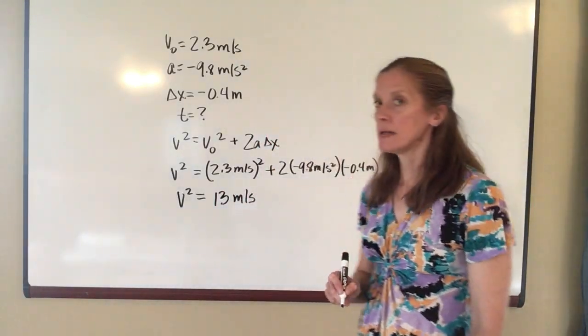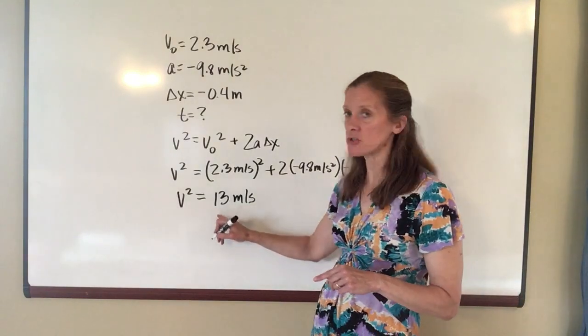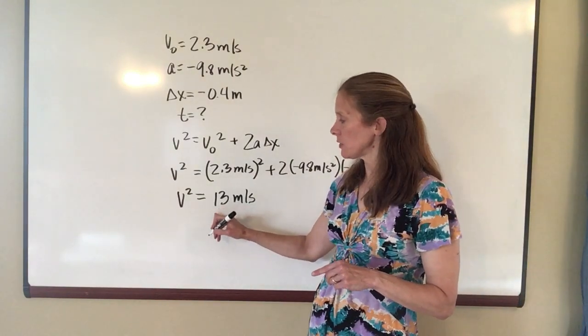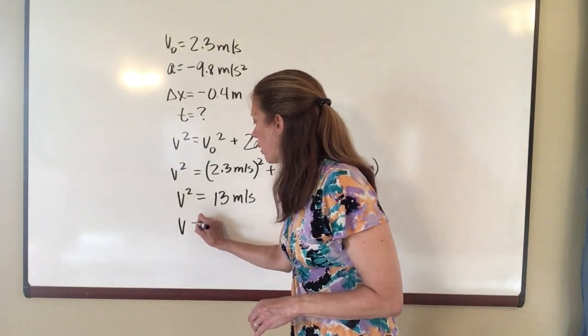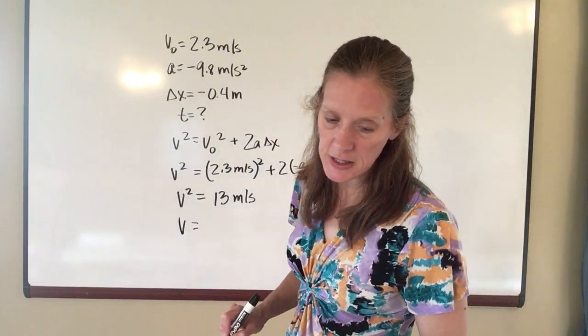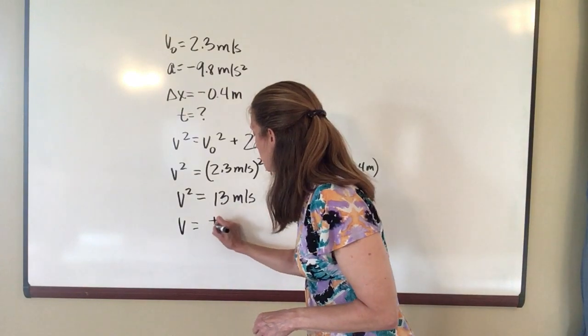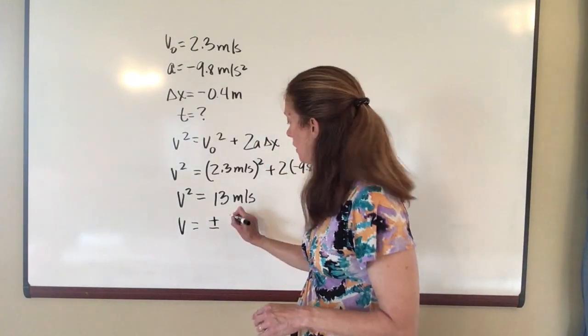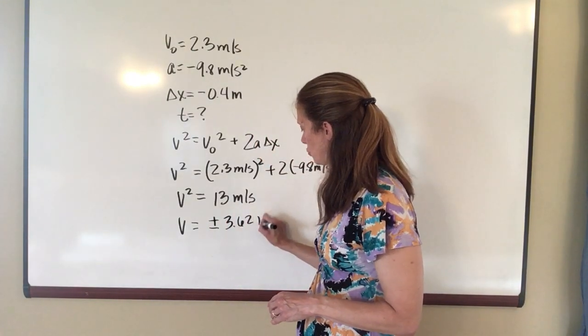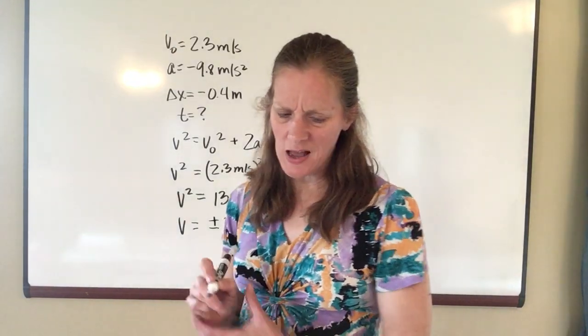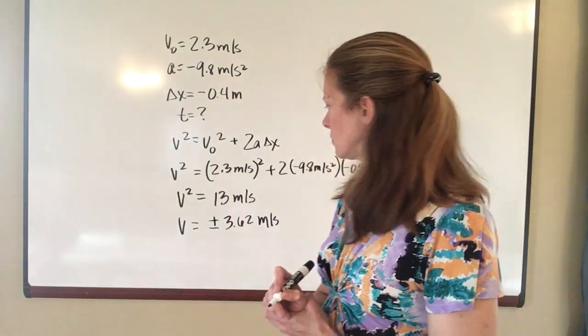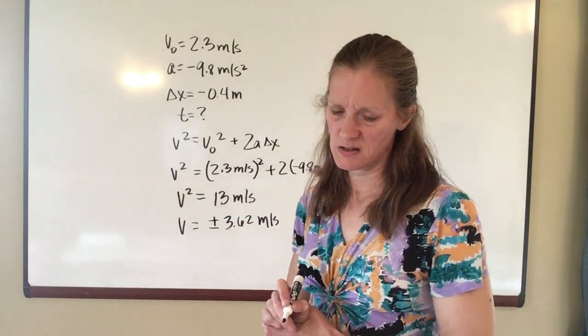Now remember what we said, whenever you take the square root of a number, it can be positive or negative. And so when I solve for v, I'm going to have v equal to either plus or minus 3.62 meters per second.